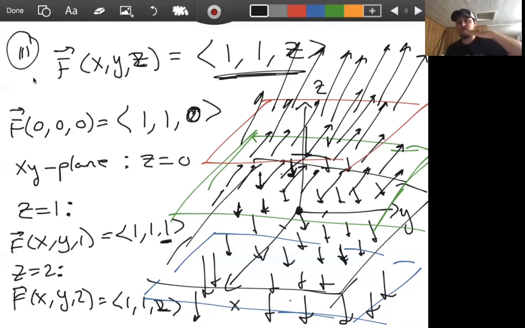As you take some plane and you go up, the vectors kind of grow, right? They're kind of standing. And as you go down, the vectors are swinging, they're lowering, they're angling downward.